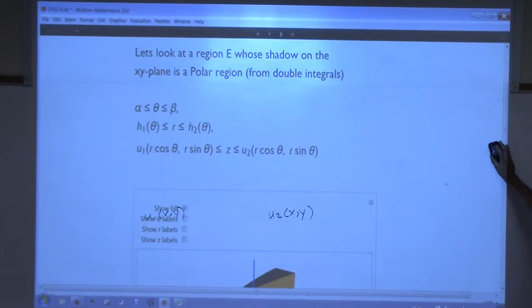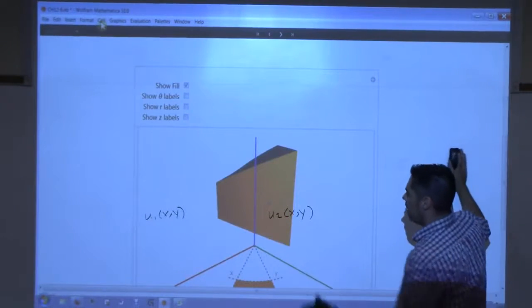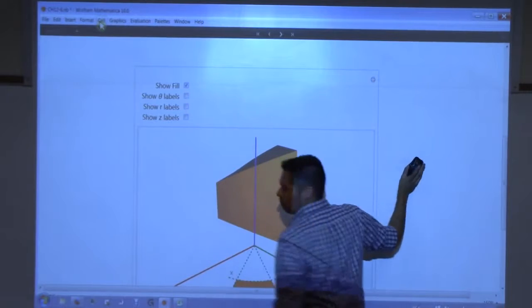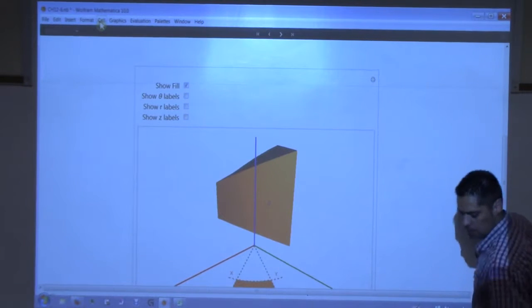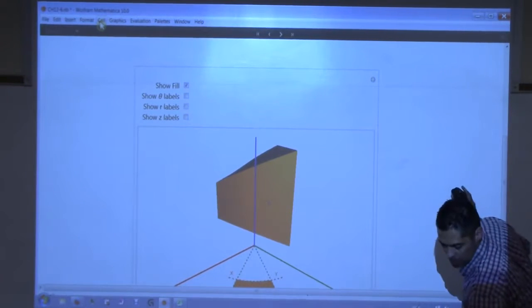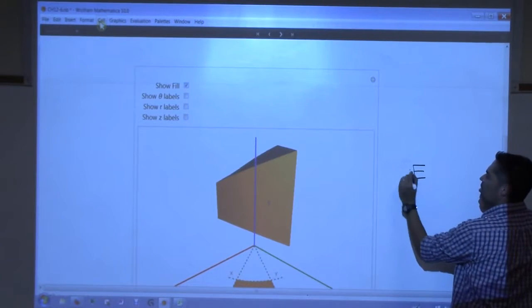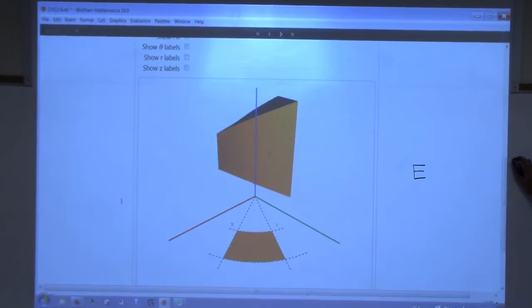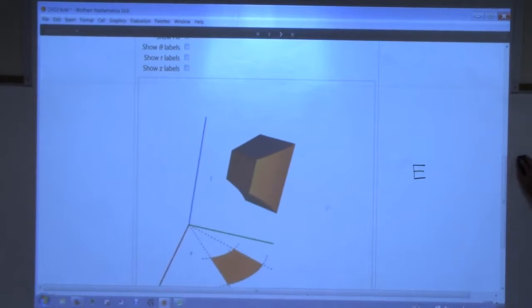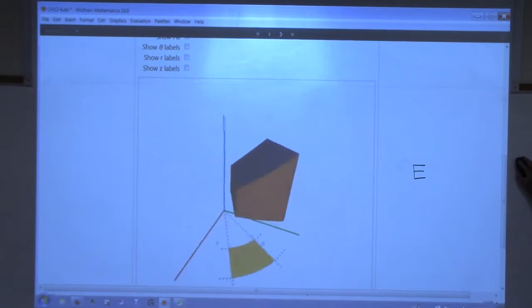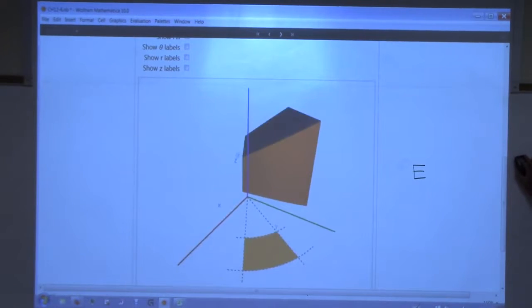So here's an example of a region E. This is what a region E would look like in cylindrical coordinates. See how the shadow of it is a polar region? That's basically what tells you need to be in cylindrical coordinates.